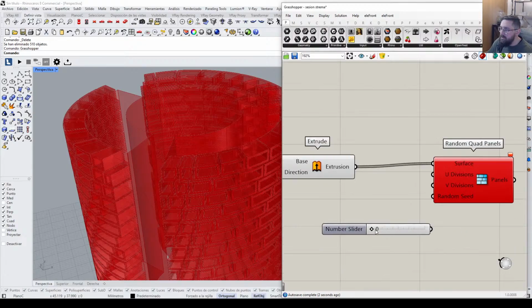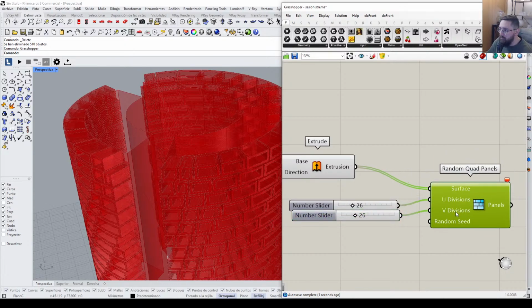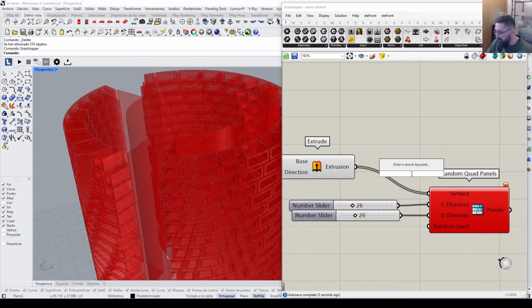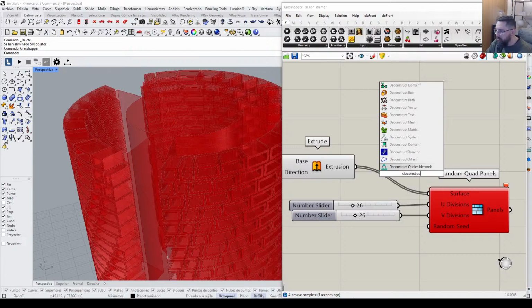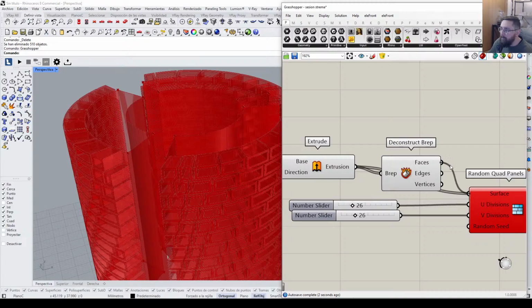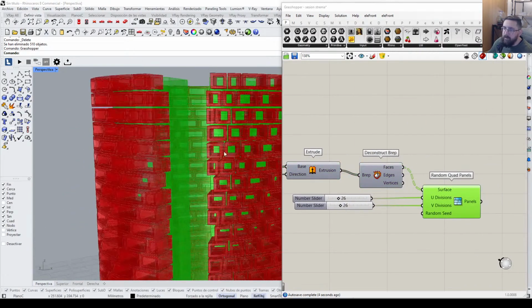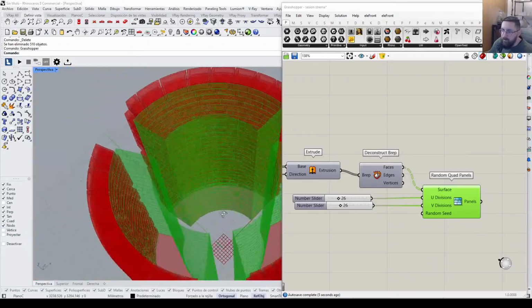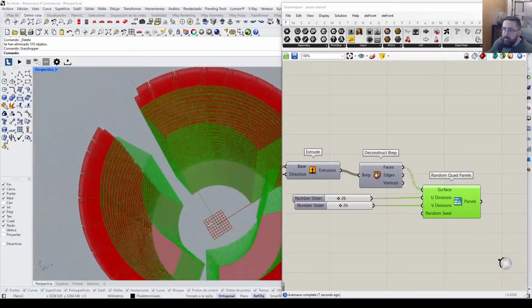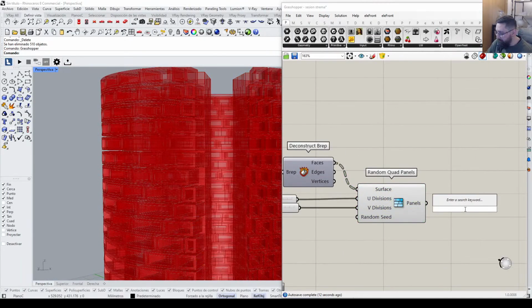0 to 100. Deconstruct brep. There you go. I want to continue with that staggered feel. And then here I'm going to go for scale.